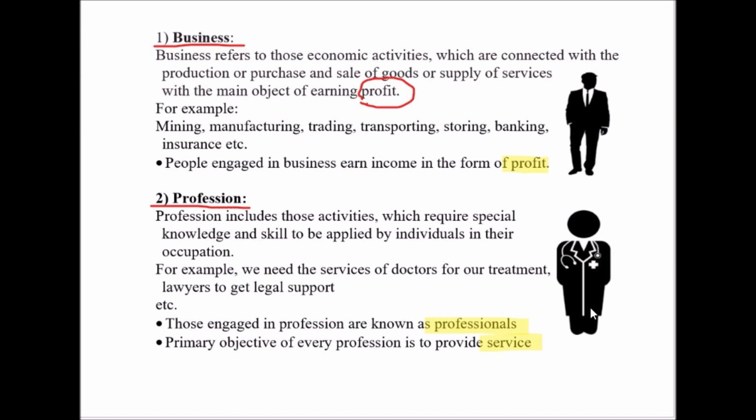His main objective is to provide services to the patient. And similarly, a lawyer's main objective is also to give legal justice to his client. So their main objective is not to earn profit but to provide service. But obviously when they are providing these services, they are charging some fee from their client.